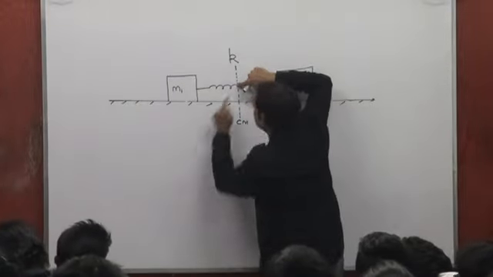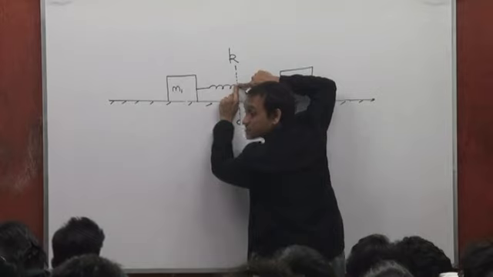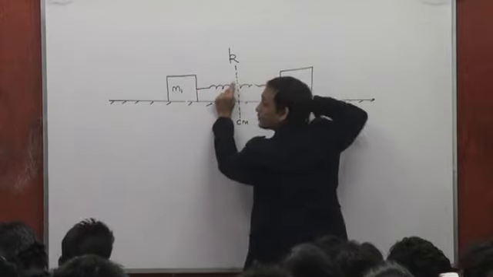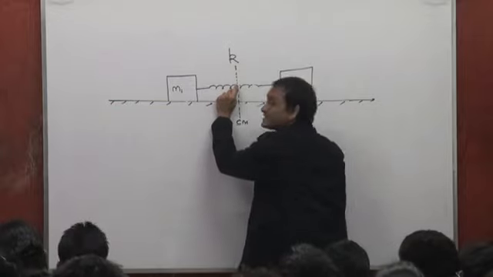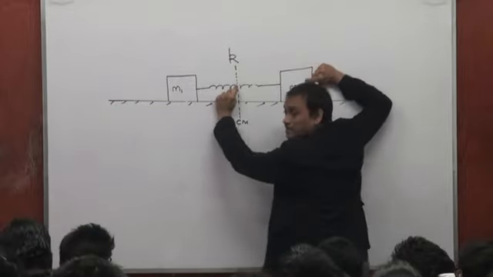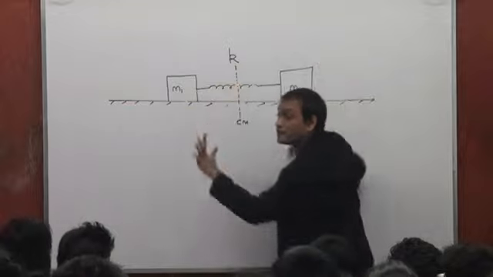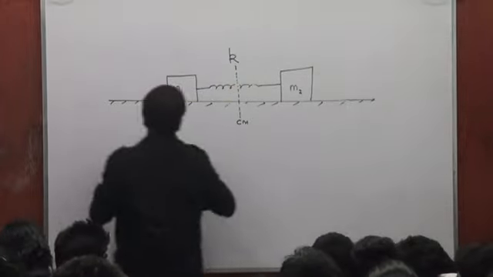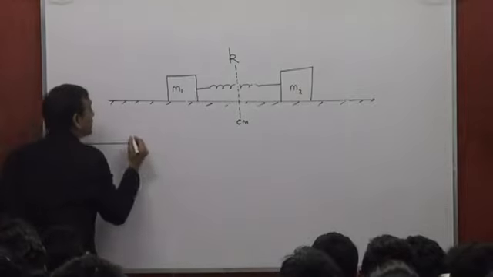This end fixed to a wall, which is like designating the position of the center of mass. This end connected to the mass M1. For this mass, this end fixed, and this connected to the mass M2, which can execute some kind of a motion, right? So, even as far as M1 and M2 are concerned, you can look at their motions separately.